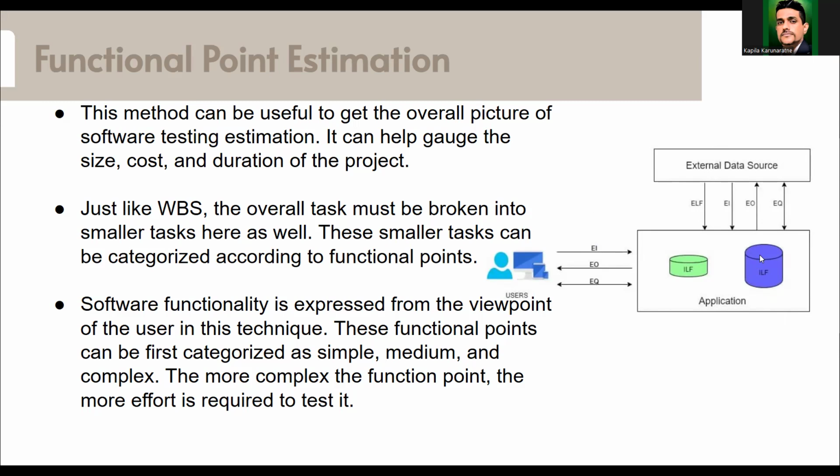To test function point 1, you might need 1 day. If you have a 100 function point application, you need 100 days to test, something like that. That's how function point estimation is derived. We basically use it for development, not mainly for testing, but we can still use it for testing as well.